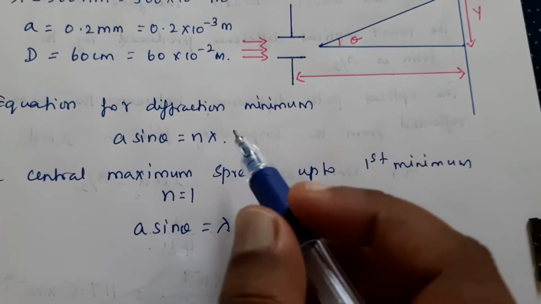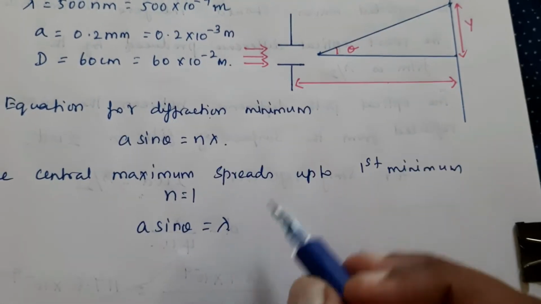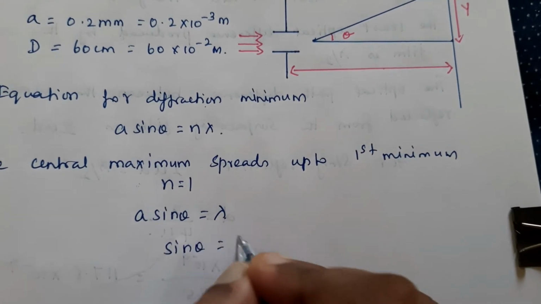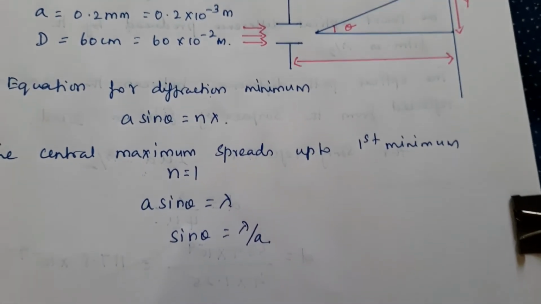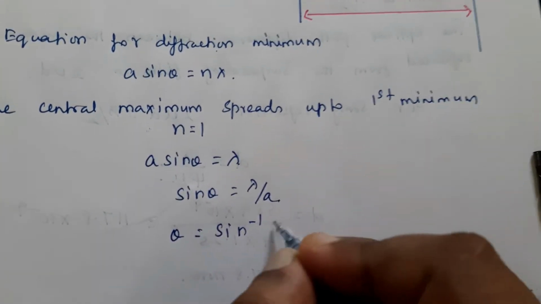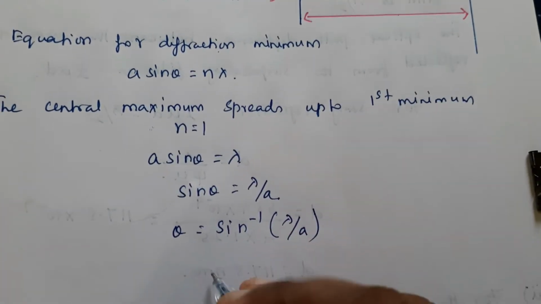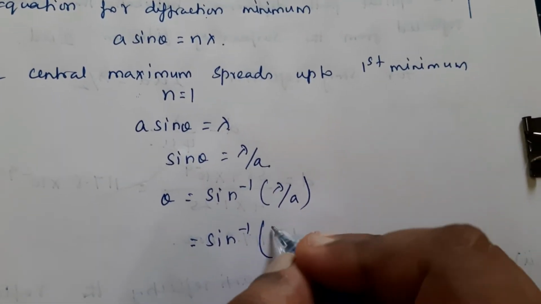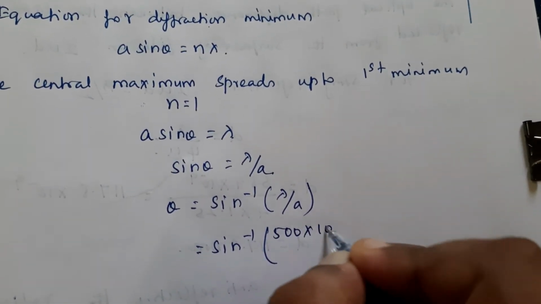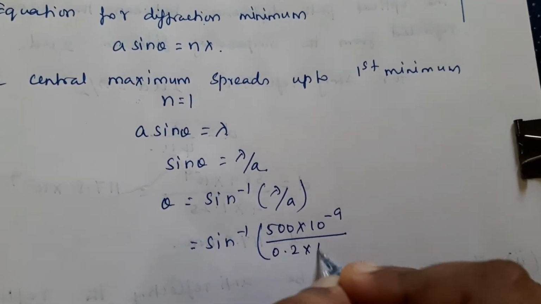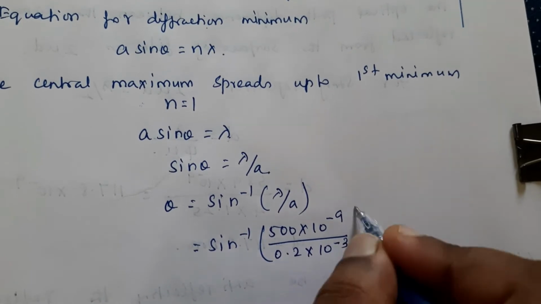We have to find out the angular spread, which is nothing but theta. So sin theta is equal to lambda by a, and theta is equal to sin inverse of lambda by a. Lambda is 500 into 10 raised to minus 9, and a is 0.2 into 10 raised to minus 3.